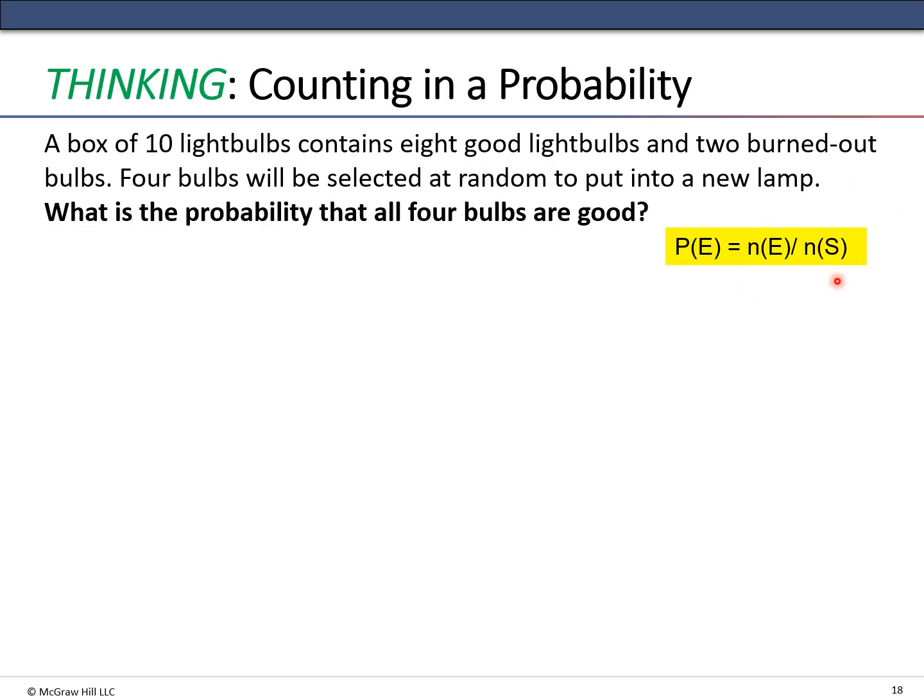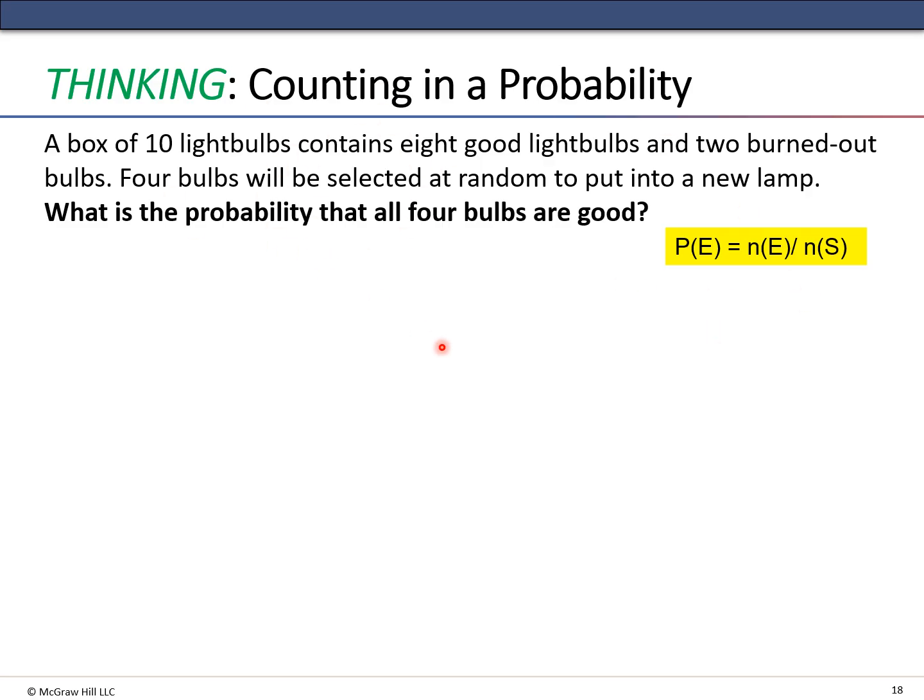So this is where the counting really comes in, because it helps us figure out how many possibilities there are when we have these special counting situations of groups of permutation or combination. So using this basic formula and what you know about combinations and permutations, try this problem.